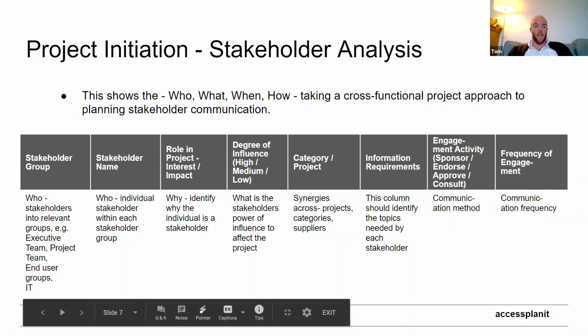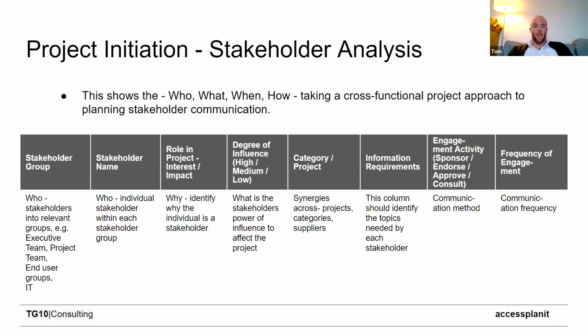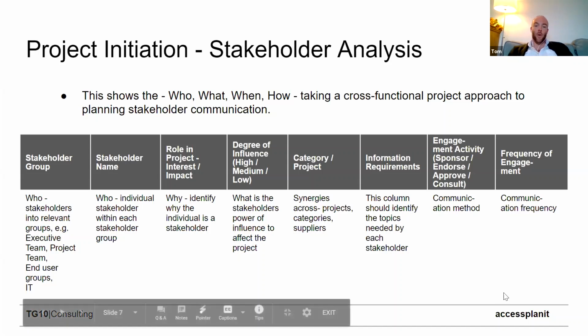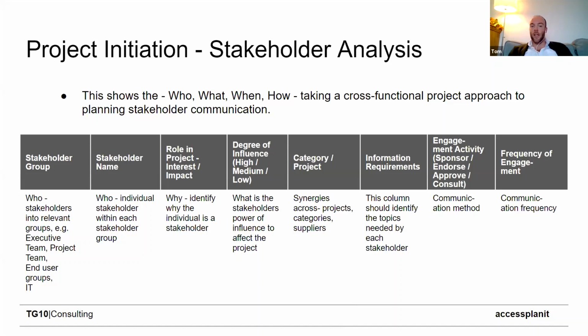So to that point Jamie just made around the who, understanding who's going to be interested and why, what role they're going to play, and how much influence they can have over whether the project is a success or not, will sometimes come from very different angles.